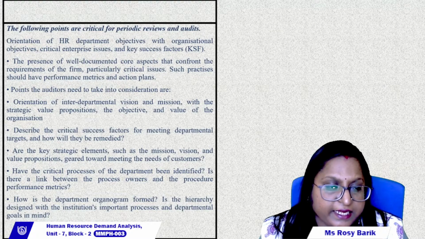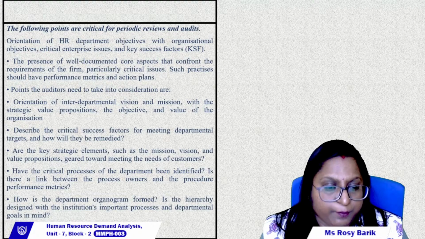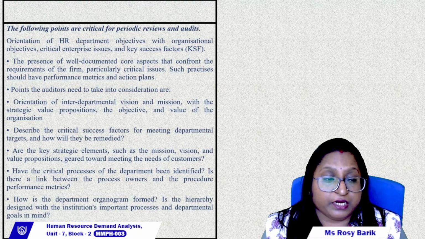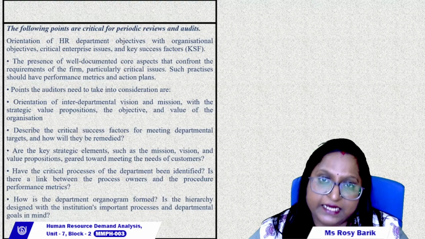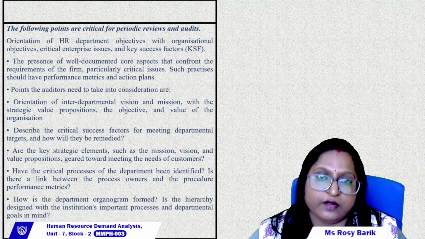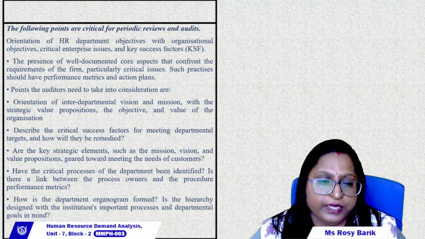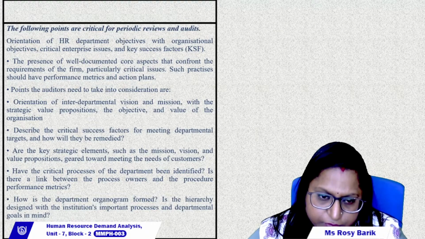Is the hierarchy designed with the institution's important processes and the departmental goals in mind? Whenever the institution plans to design any kind of department, an organogram should be formed.